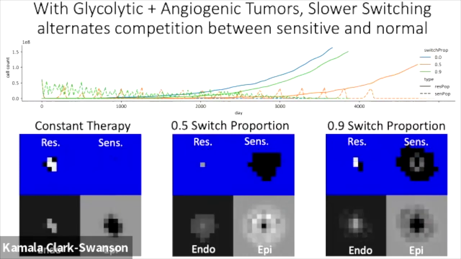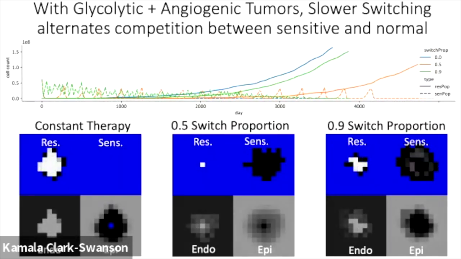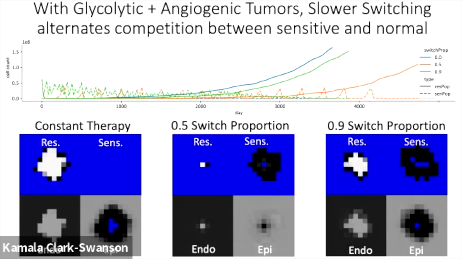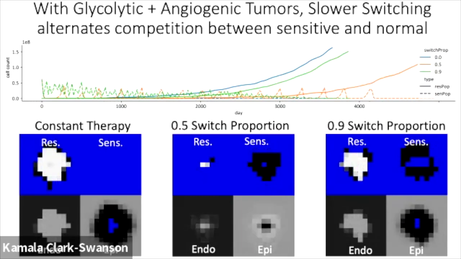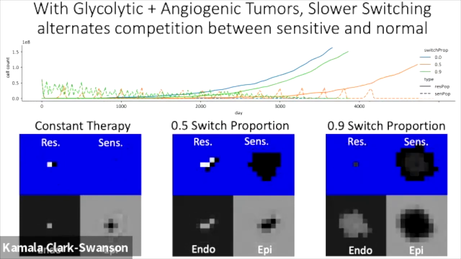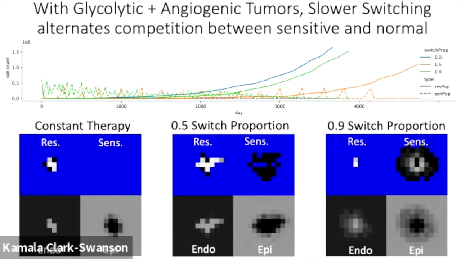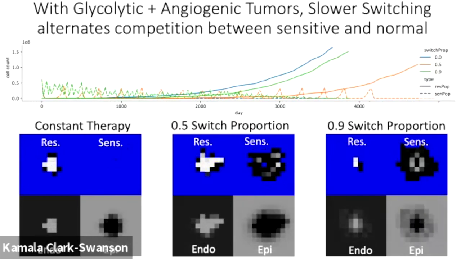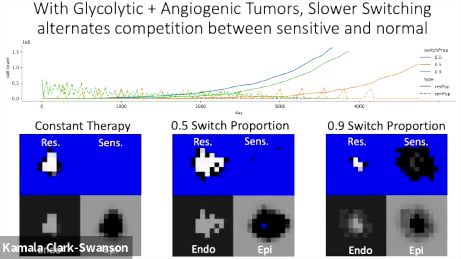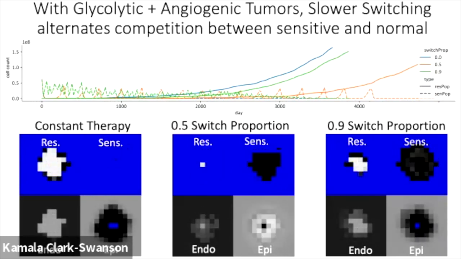If you pay attention to the 50% switching threshold and look at the epithelial cells in particular, when the drug is on and the sensitive cells are killed off primarily, the epithelial cells are actually using the vasculature that the sensitive cells produced to replace them. And then when the drug goes back off again, the glycolysis of the sensitive cells forces away those epithelial cells.